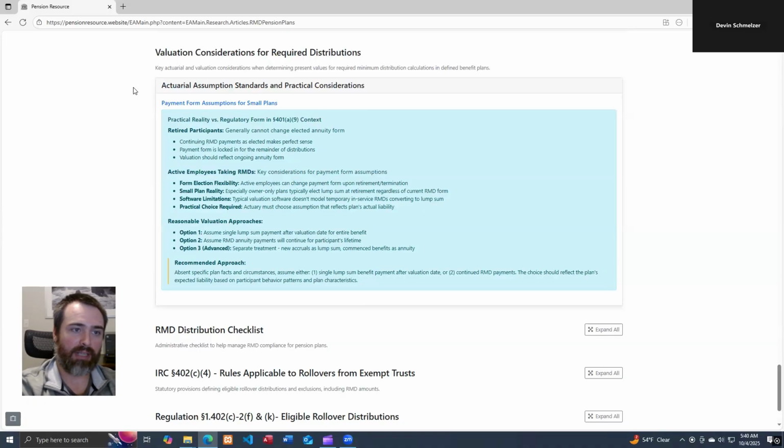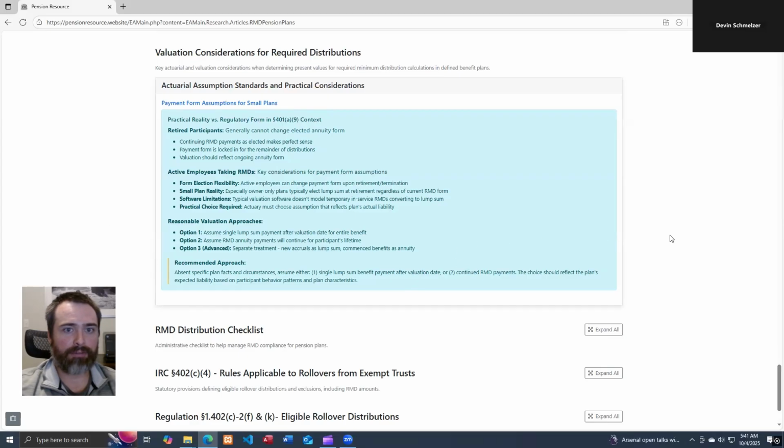Either the actuary is showing the annuity elective form payments for RMD, or the actuary is just assuming all the benefit is being paid as a lump sum, or the advance option where the new accruals are assumed to be paid out as a lump sum, and the existing accrued benefit that has a form of payment attached to it gets the annuity payments. So you're splitting out the two, but the total benefits between the two records account for the participant's entire benefit to be paid as a lump sum once that individual decides to retire.